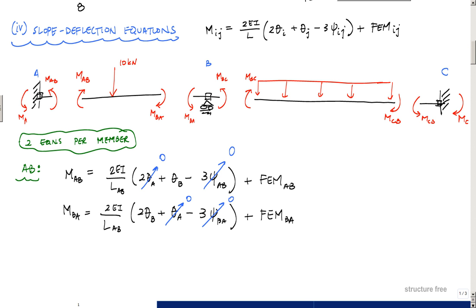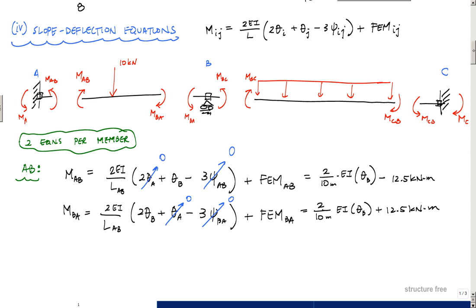If I plug and chug some numbers through 2EI over L, it would give me 2 over 10 meters, which is the length of AB, times EI times theta B, minus 12.5 kilonewton meters. And then for MBA, this would be the same 2 over 10 meters, or 0.2 per meter, EI times theta B plus 12.5 kilonewton meters.